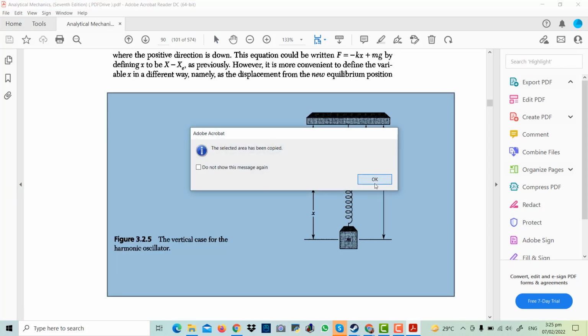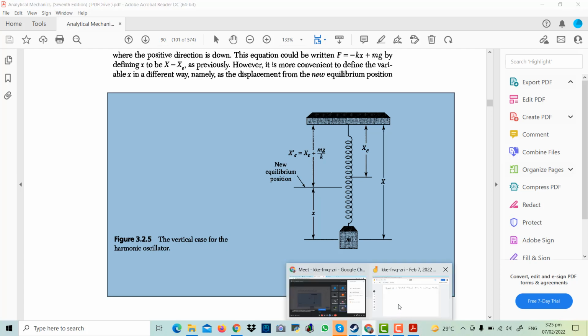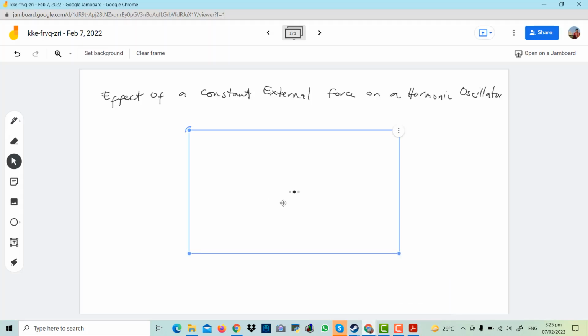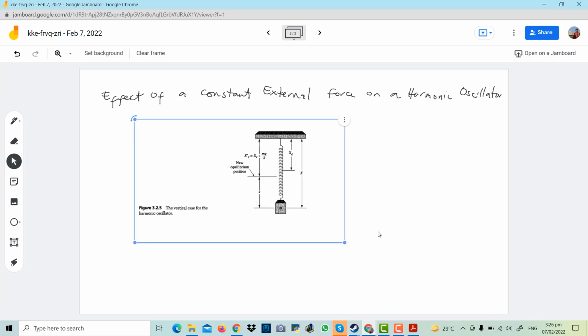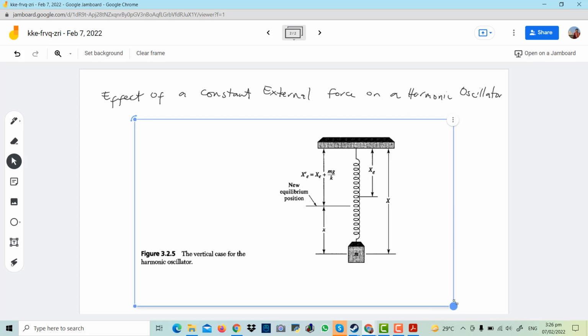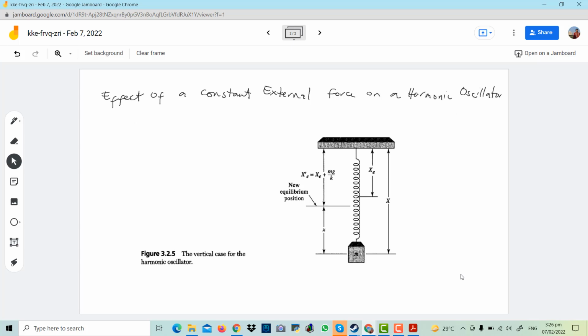So, we have a system. Okay? We have a spring, and you attach the mass to your spring, but in the presence of gravity. So, if there is gravity, take note, this constant external force here is the gravitational force.